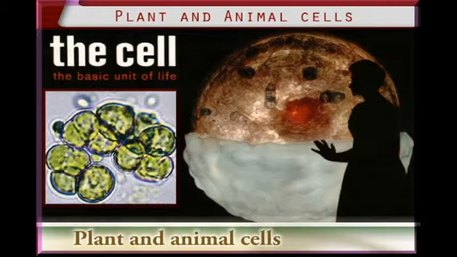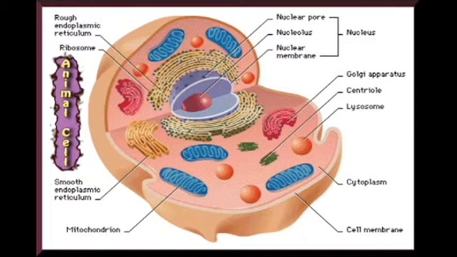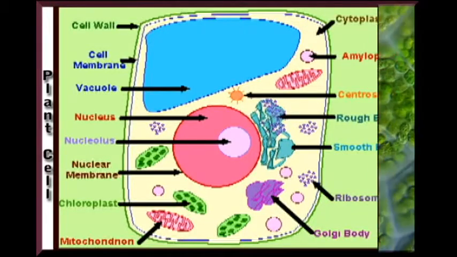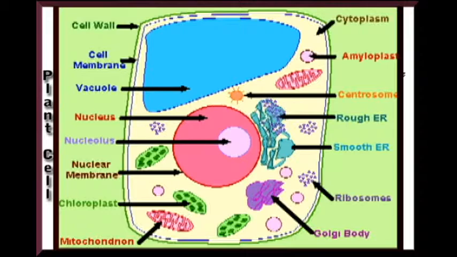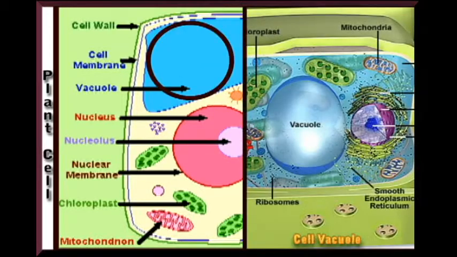Now, what are some of the differences? We want to look at the differences between the plant cell and the animal cell. You will find that the plant cell has chloroplasts, whereas the chloroplast is absent in the animal cell. The plant cell has a cell vacuole, which is not present in the animal cell.